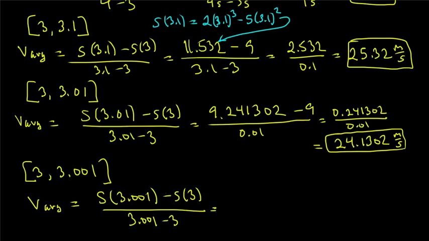And again, just to show you where this number comes from, to calculate s of 3.001 you just plug it into the same function: 2 times 3.001 cubed minus 5 times 3.001 squared.